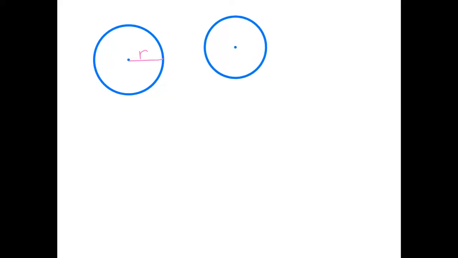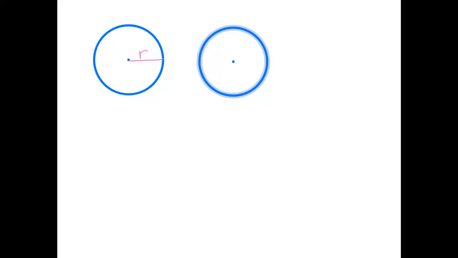If I draw another circle, the diameter goes all the way across from side to side and it passes through the center, okay? So if this is the radius and this is also the radius, then together that's going to be the diameter. Sorry, the radius is half of the diameter, okay?